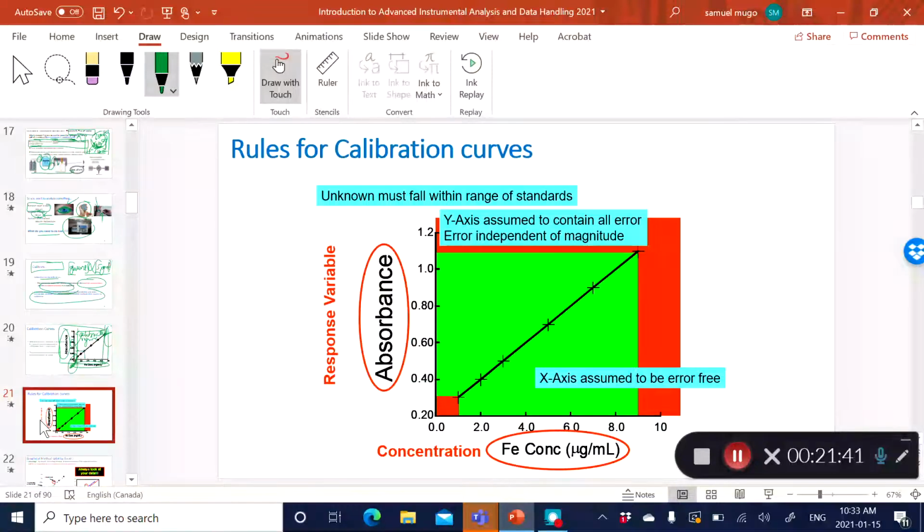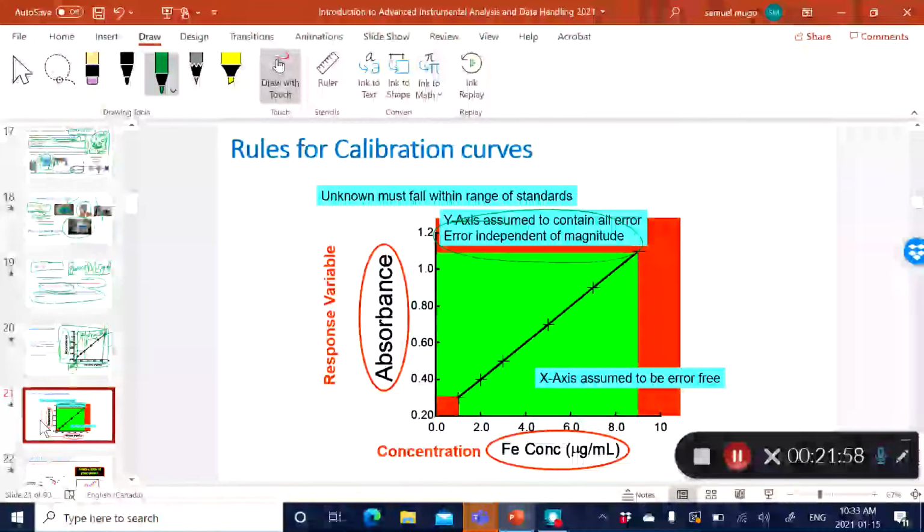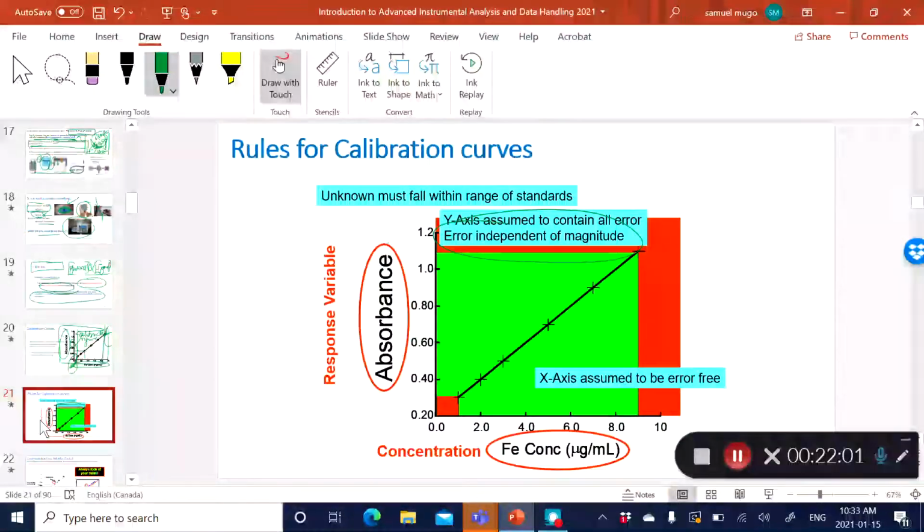So let me emphasize something here. Now, we all know that all instruments have got some uncertainty. There's always some bit of an error associated with every single instrument. Of course, some instruments are a bit more erratic, meaning they are less precise, than other instruments.